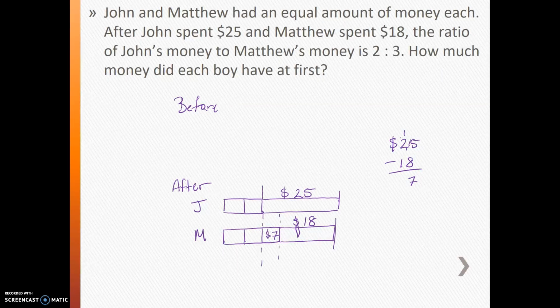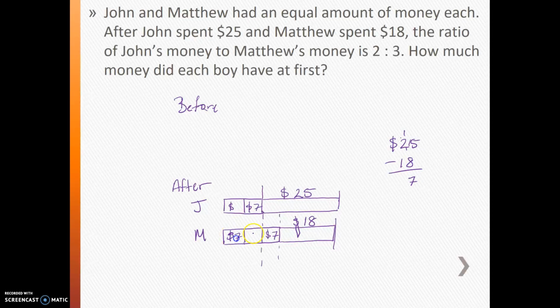Okay, so now we're going to solve for the amount of money that each had first. And actually, I'm not even going to draw a new bar model on this problem. So we decided that 1 unit is 7.